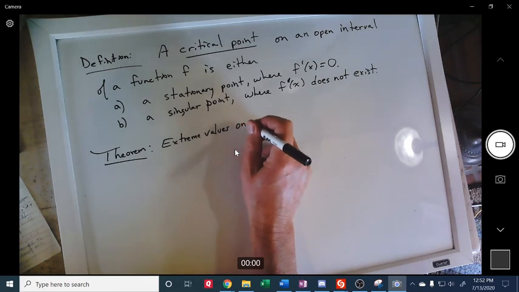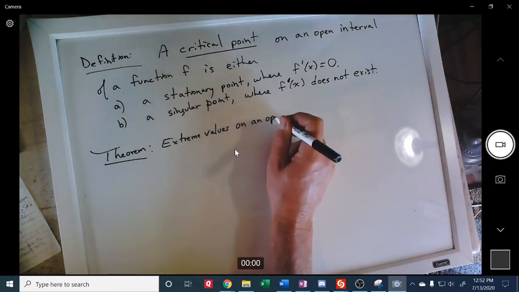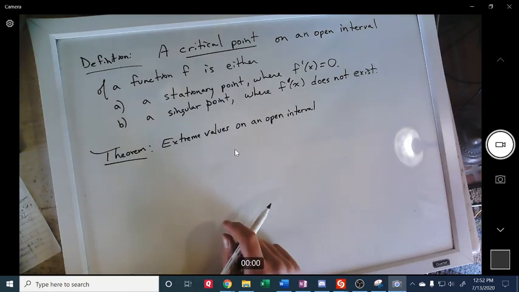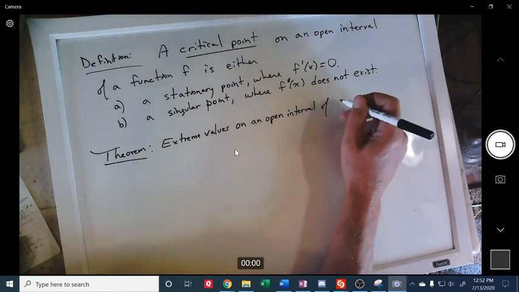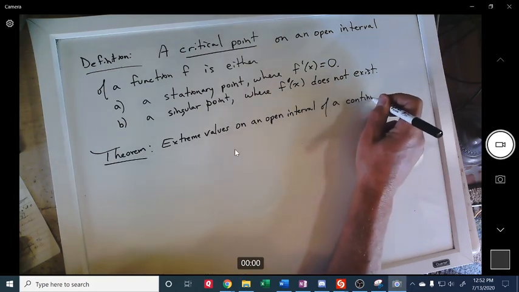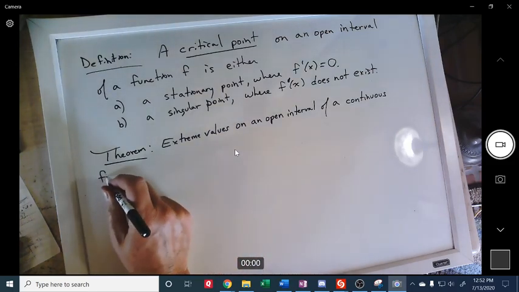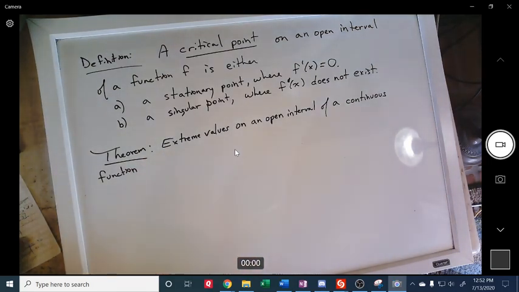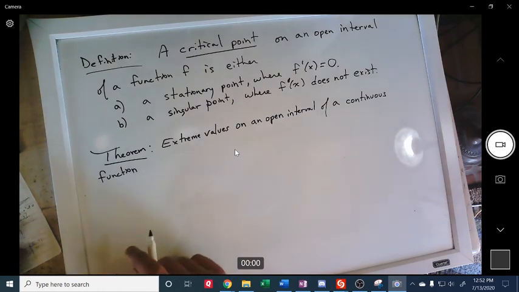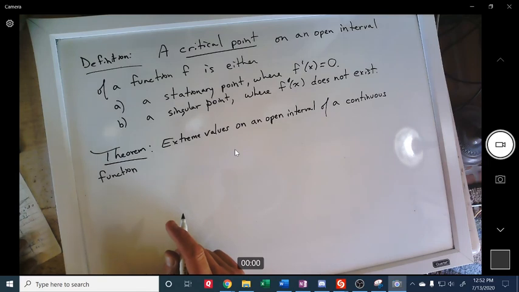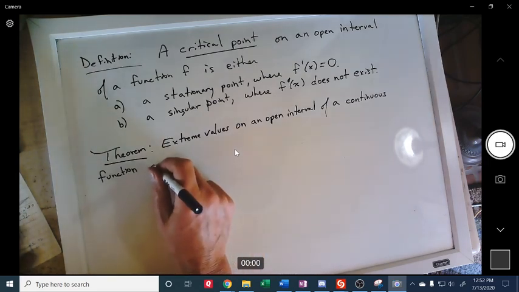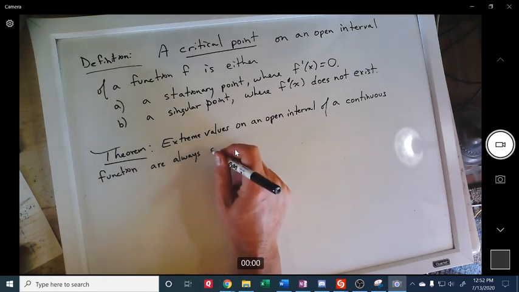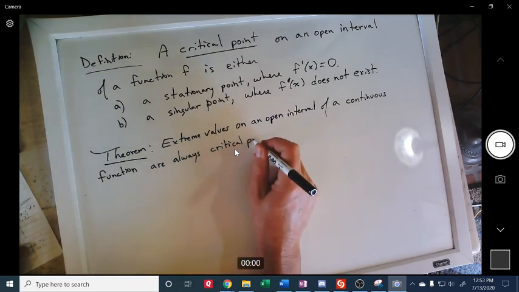Extreme values on an open interval, this is so that we don't have to consider endpoints, of a continuous function, so that way we don't have to consider what Bianca brought up, like what about a hole discontinuity or something like this, of a continuous function are always critical points.